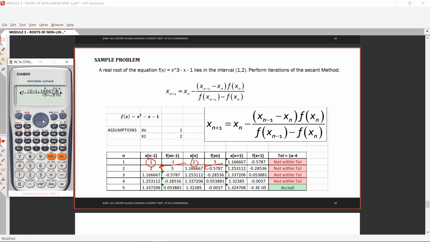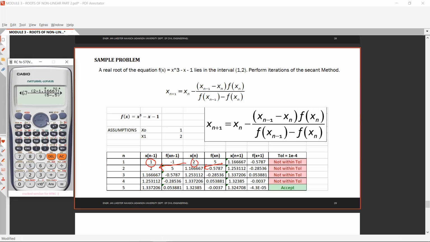Sorry. Ano ba? Wait. 1.1667. Tatlong 67 nilagay ko. So, tatlong 67. You have 0.5787.